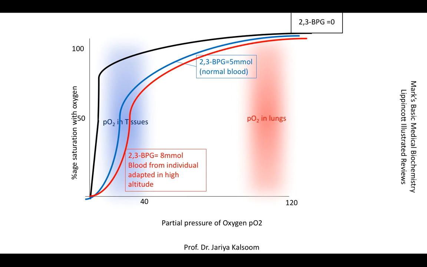Hemoglobin from which 2,3-BPG has been removed has high oxygen affinity. The presence of 2,3-BPG significantly reduces the oxygen affinity of hemoglobin, shifting the oxygen dissociation curve to the right, as shown by the red curve. The reduced affinity enables hemoglobin to release oxygen efficiently at partial pressures found in the tissues.